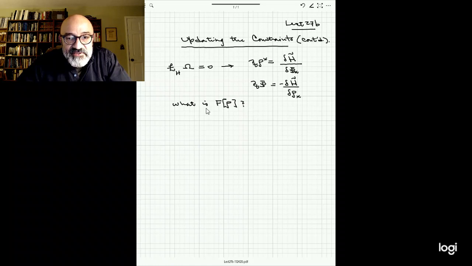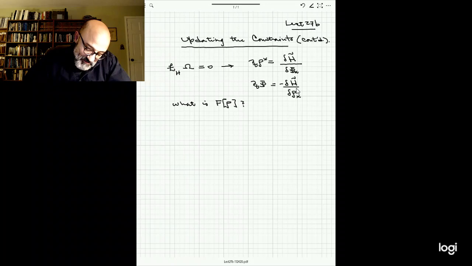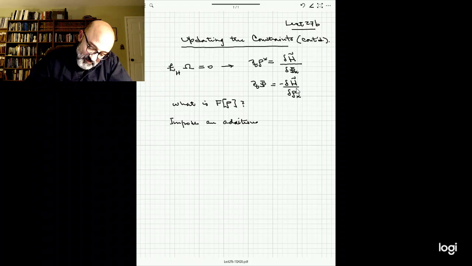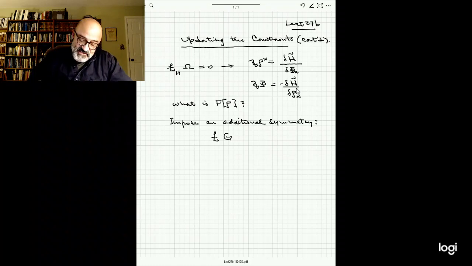The way we're going to figure out what is that extra dependence that appears in the Hamiltonian is by imposing additional symmetries. We're going to come up with a metric tensor.